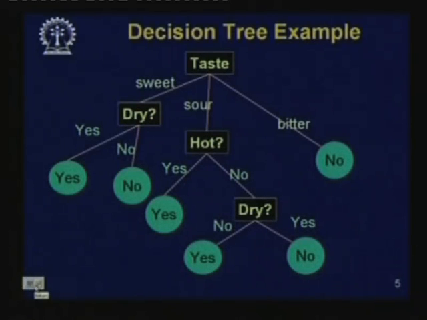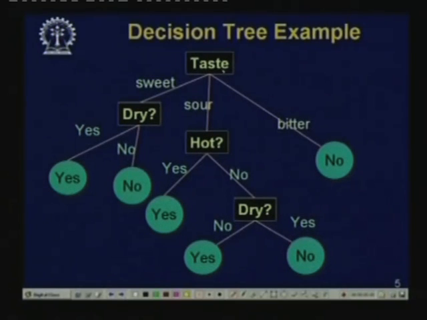So, before we start, let us review what a decision tree is and look at an example decision tree that we considered in the last class. So, look at this diagram. Every internal node in the decision tree tests the value of an attribute. In this decision tree, there are 4 internal nodes.